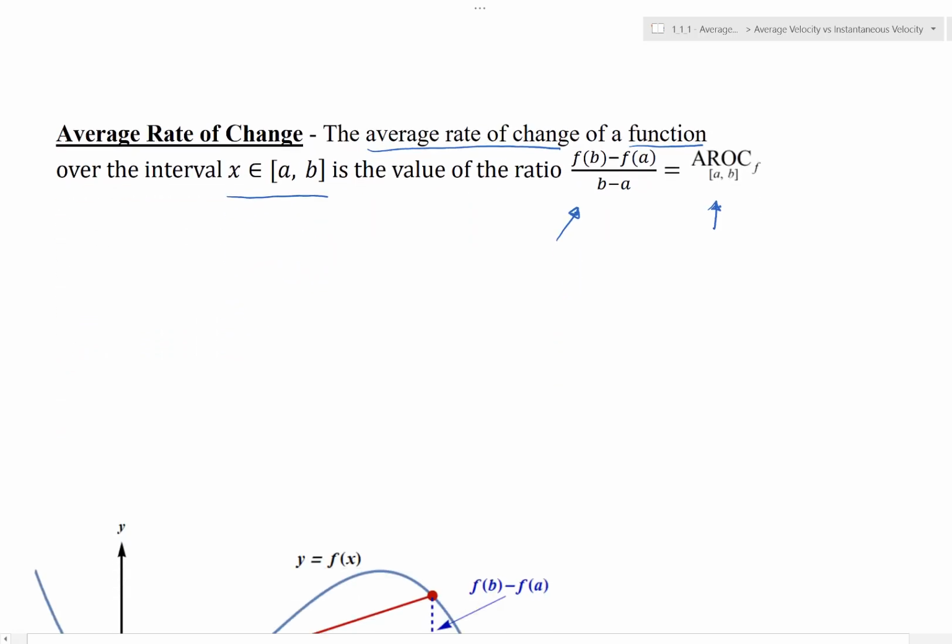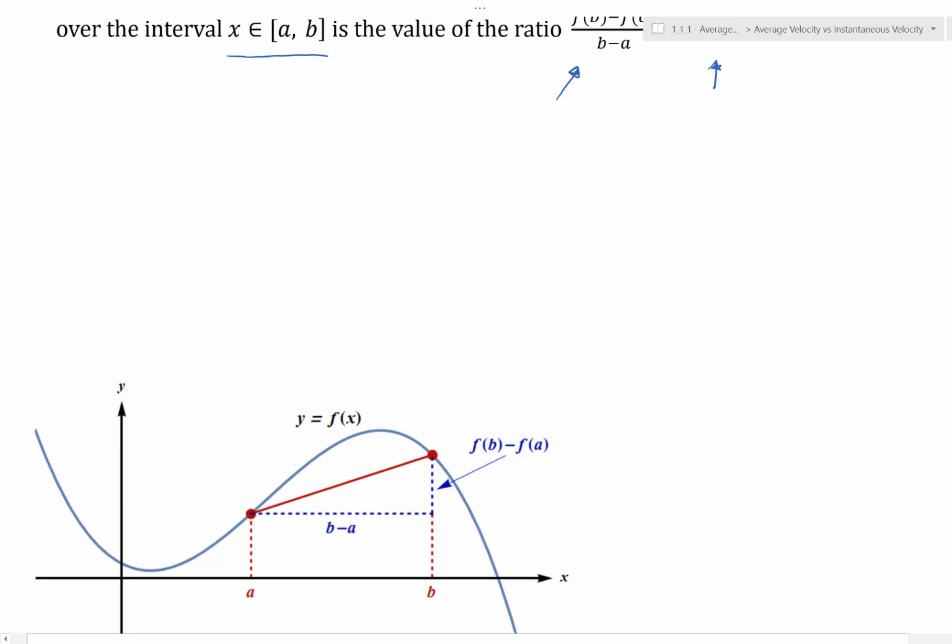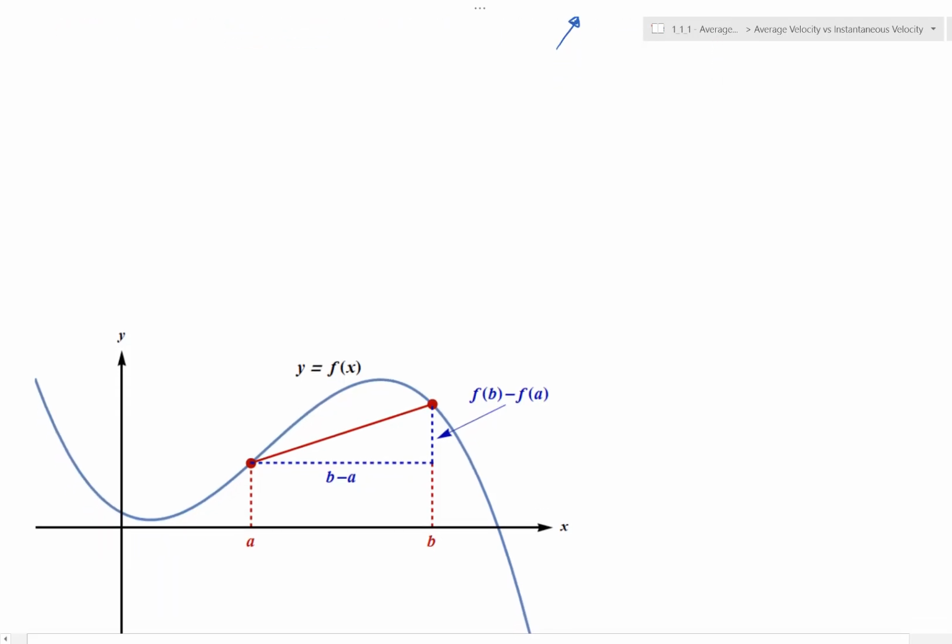Now, if you look at the graph down here, look at that blue graph. That's the graph of f of x. And what we see is a line connecting the points a, f of a and b, f of b. That line has a slope associated with it. In fact, remember, slope is defined to be the change in the output over the change of the input over that particular interval.